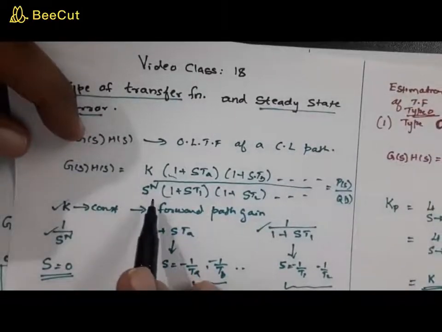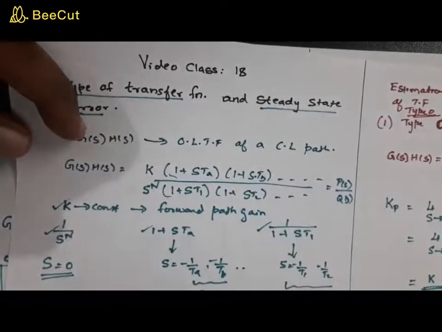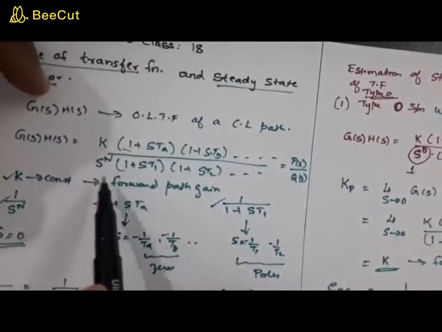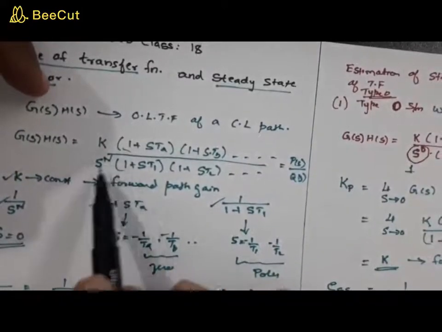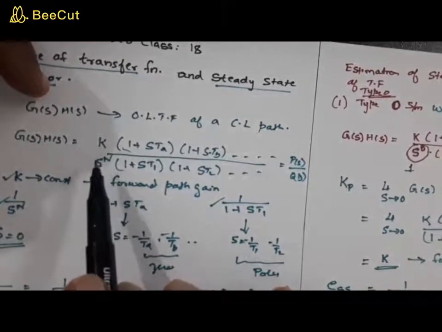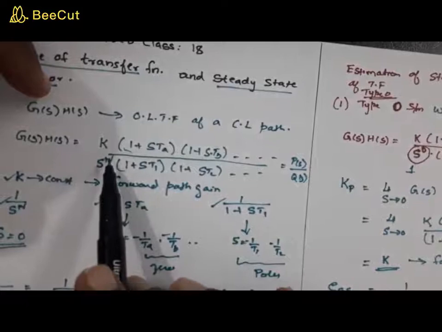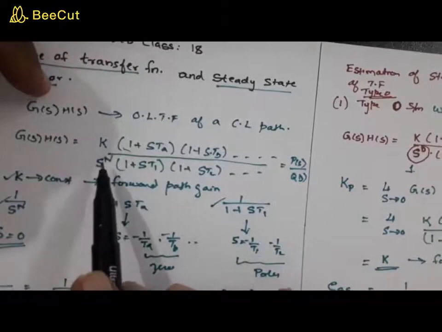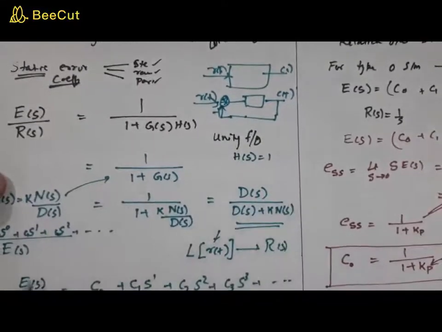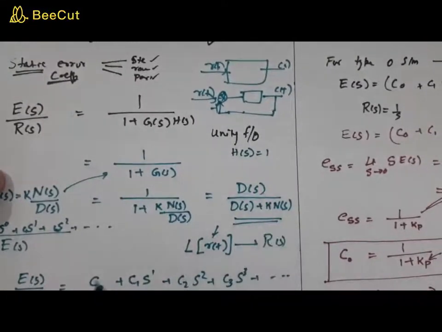So the denominator is s raised to n. Now in the case of a type 0 system, there is no value for this. So when it comes to a type 1 system, you have at least a term called s. So when you go for this type of evaluation, you are not going to find c0 there.